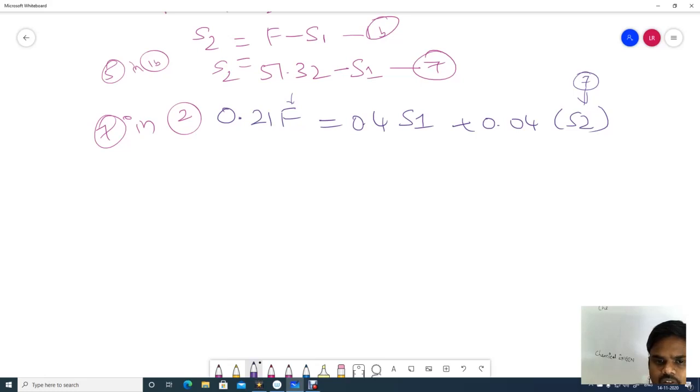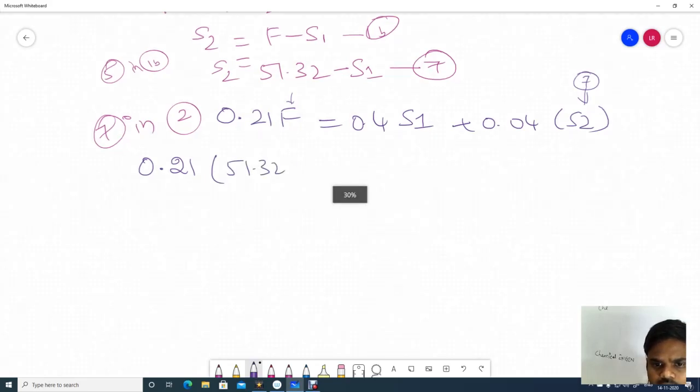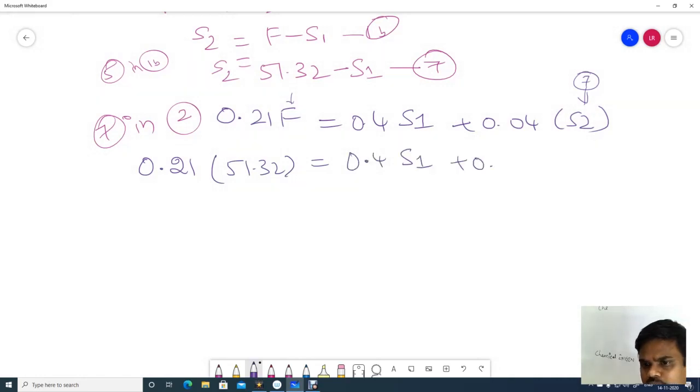So substituting, what you get is 0.21 into 51.32 equal to 0.4 into S1 plus 0.04 into 51.32 minus S1. Okay, so we now have an expression in terms of S1.